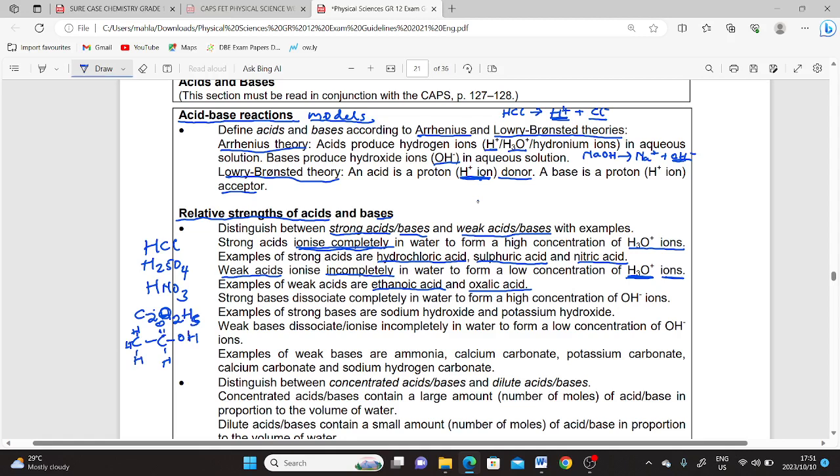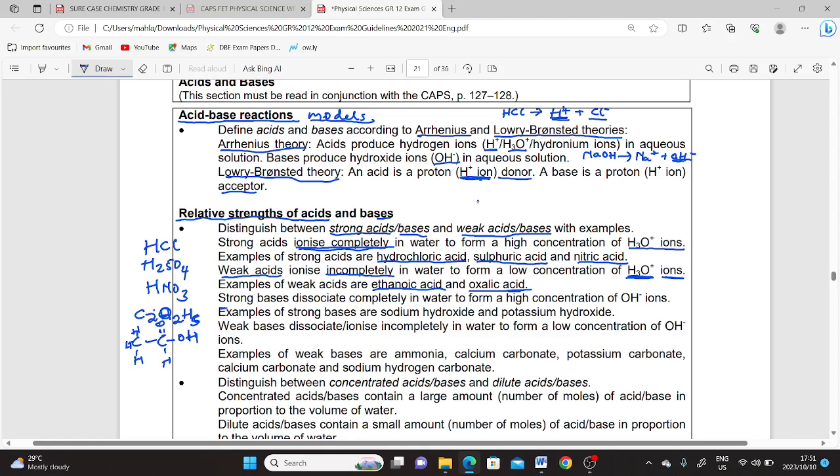Now this will be the ethanoic acid, and then also the oxalic acid. So these are the weak acids that will be used in the exam questions.